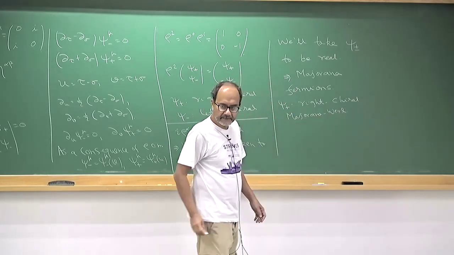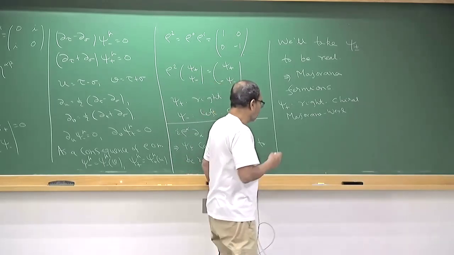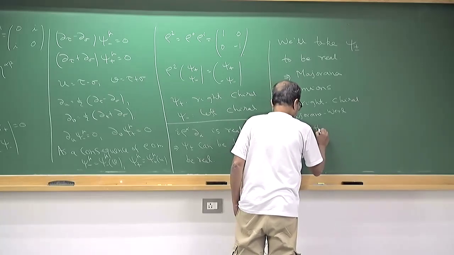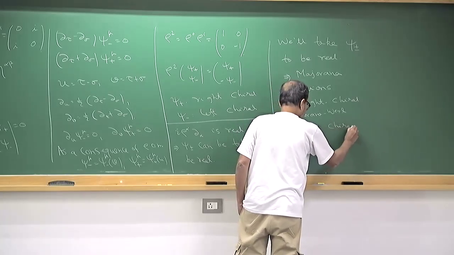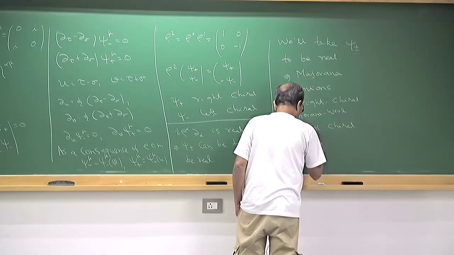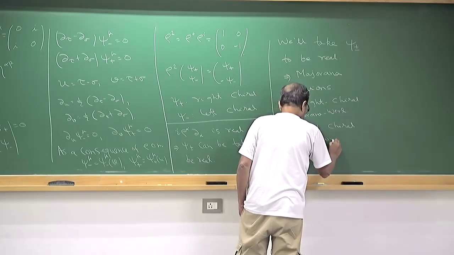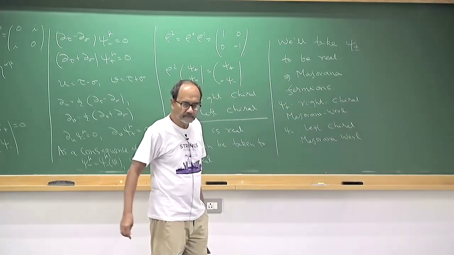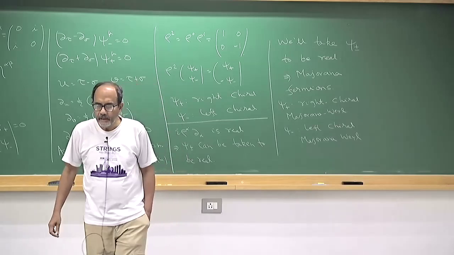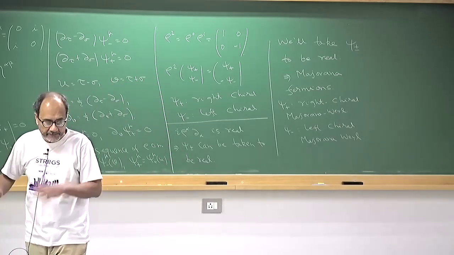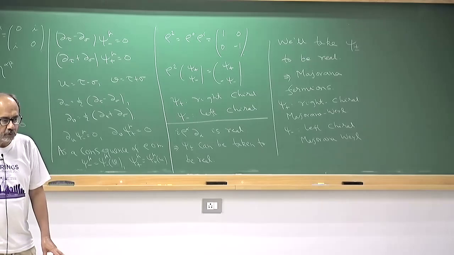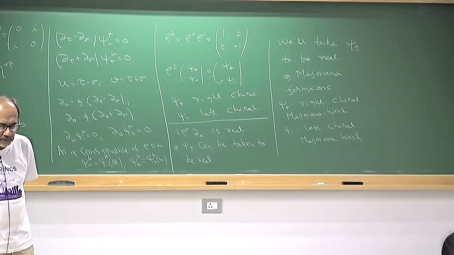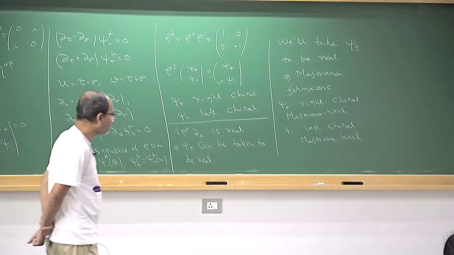It satisfies the rho 2 projection, and psi minus will be a left chiral Majorana fermion. So in superstring theory, we have both psi plus and psi minus, but later we will see that when we go to heterotic string theory, we only have psi plus and no psi minus, or vice versa. They are of course equivalent.